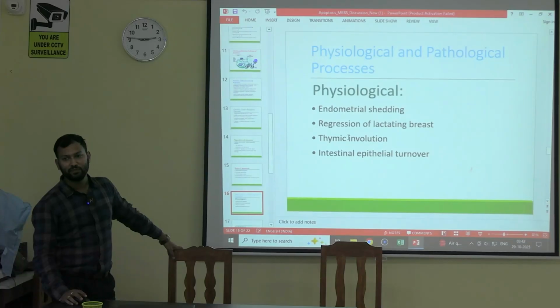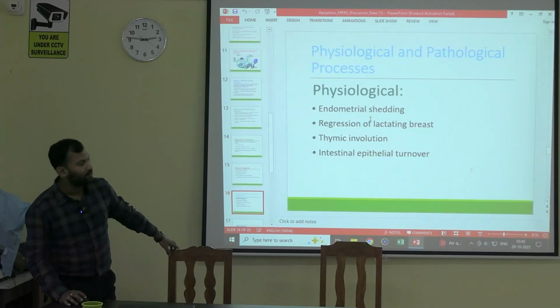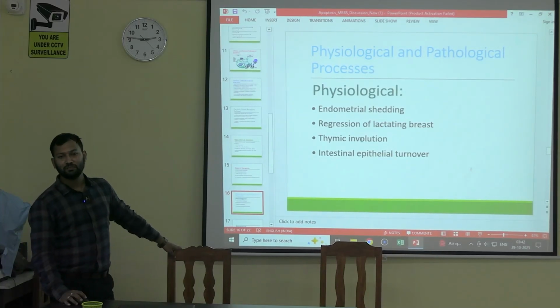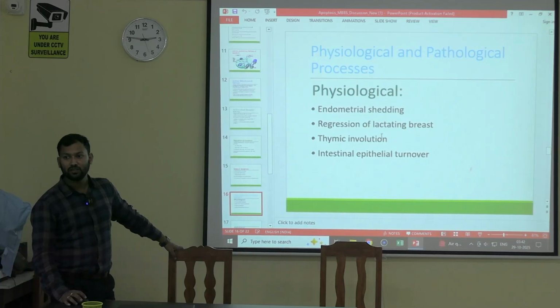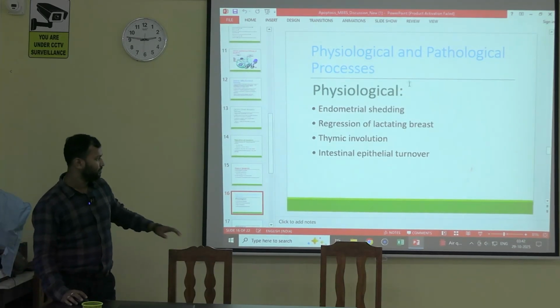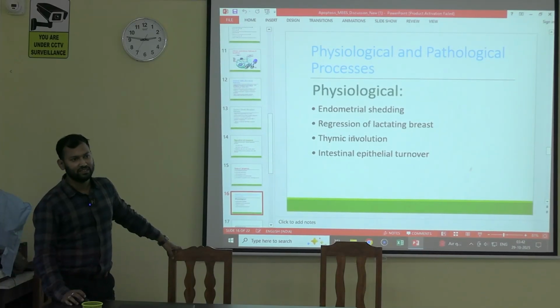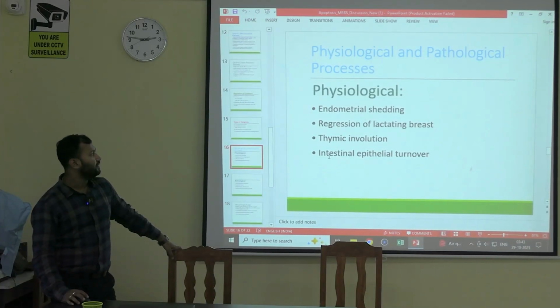It is more active when the person is small. Then as the person becomes an adult, slowly and gradually the thymus will reduce, because the body no longer needs it. That's it. Then there is intestinal epithelial turnover.